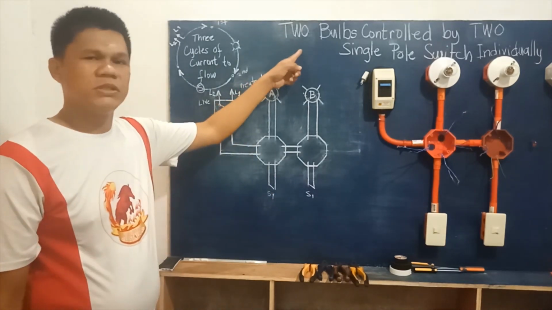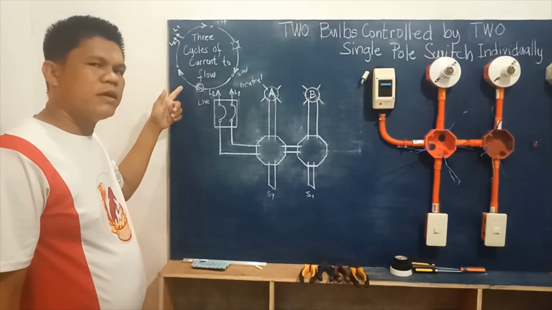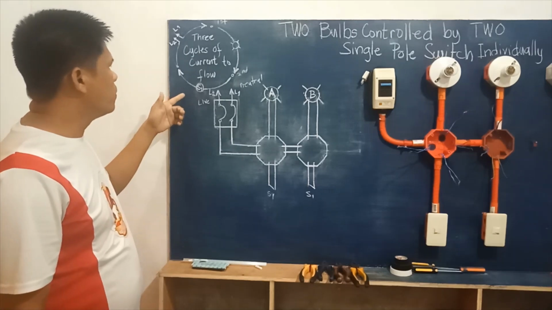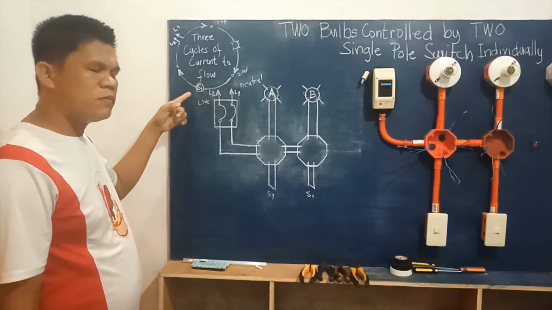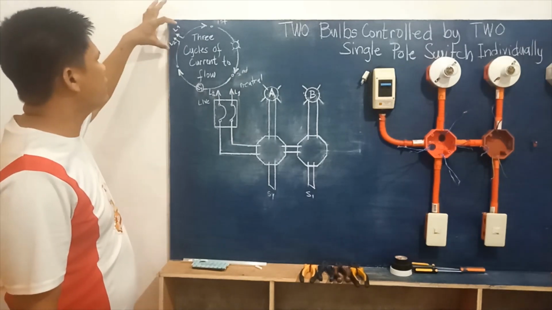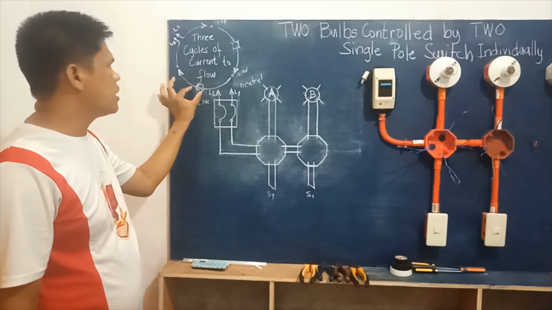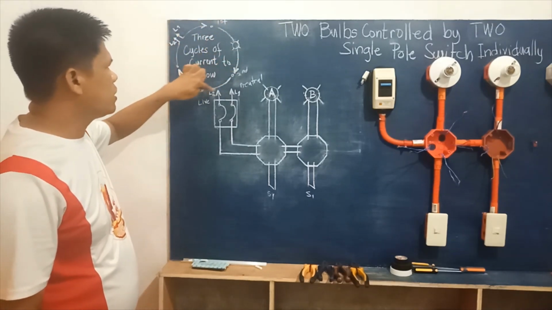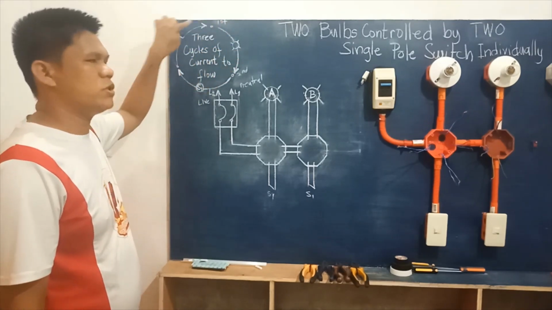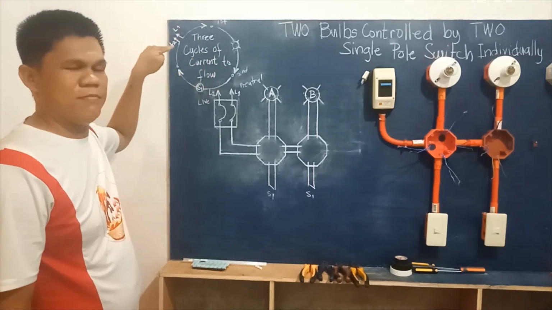In the three cycles of current flow, we can observe the three parts of the circuit: the source, the load, the control device, and of course, the conductors, showing an illustration that it cycles from the start up to the end.